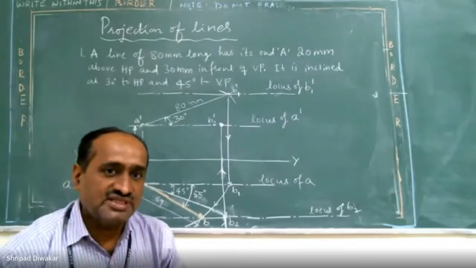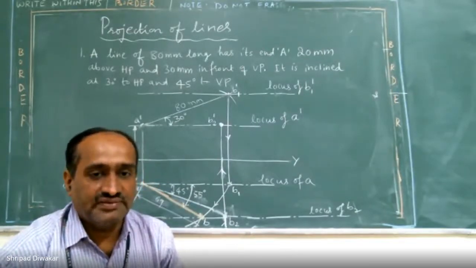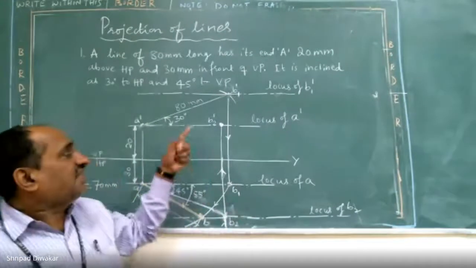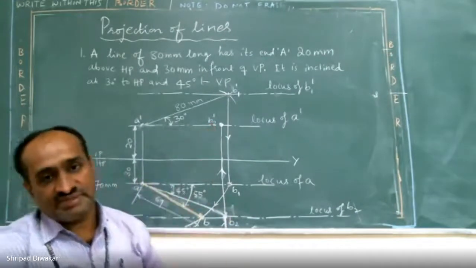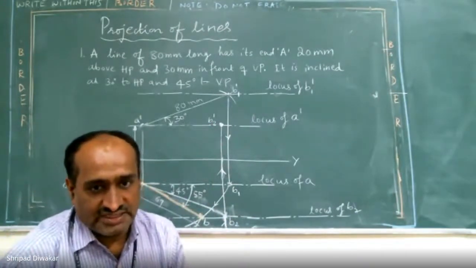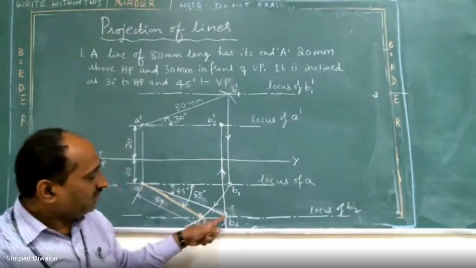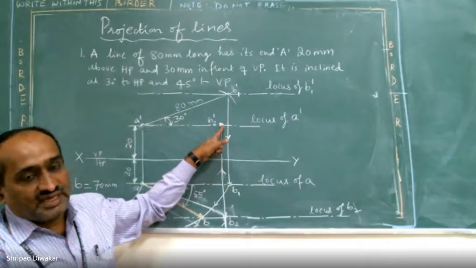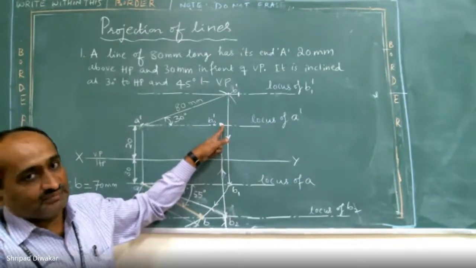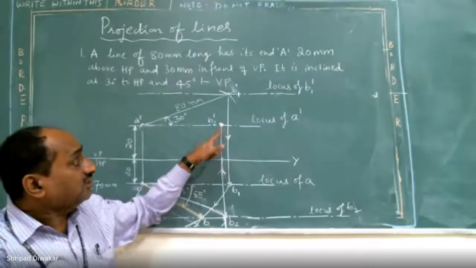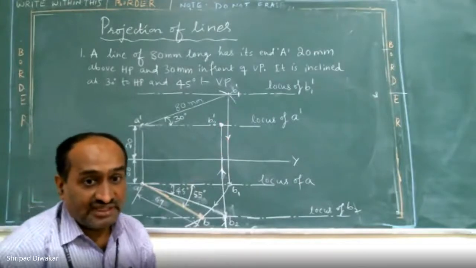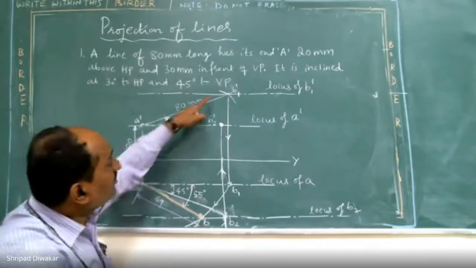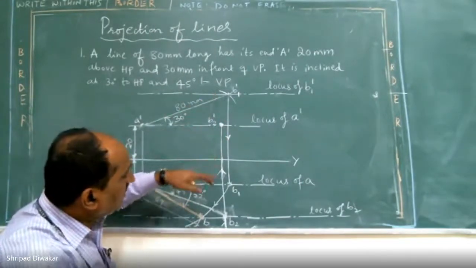Once you understand, easily you can locate. The front view is represented by single dash, and side view is represented by double dash. Already I have top view, so you have to draw vertical projection line B2 dash. And you should be very careful. Don't extend up to here or don't extend up to here.